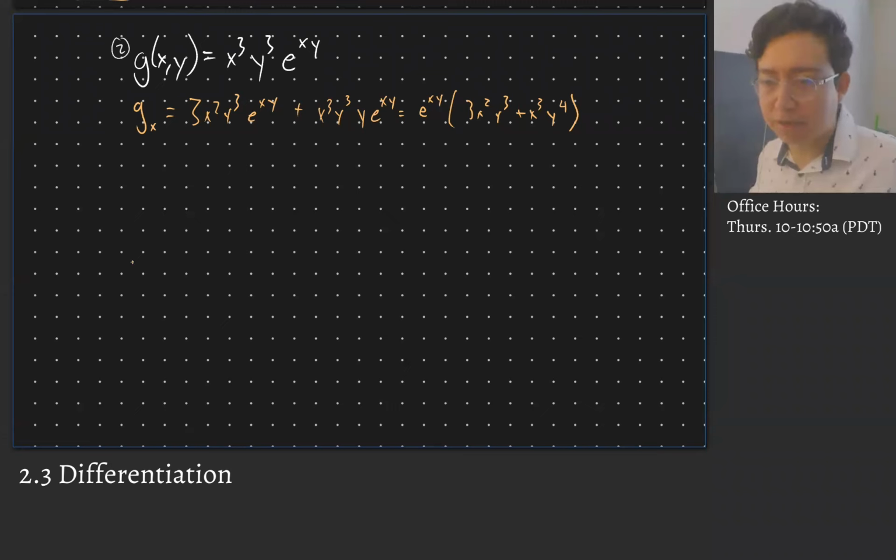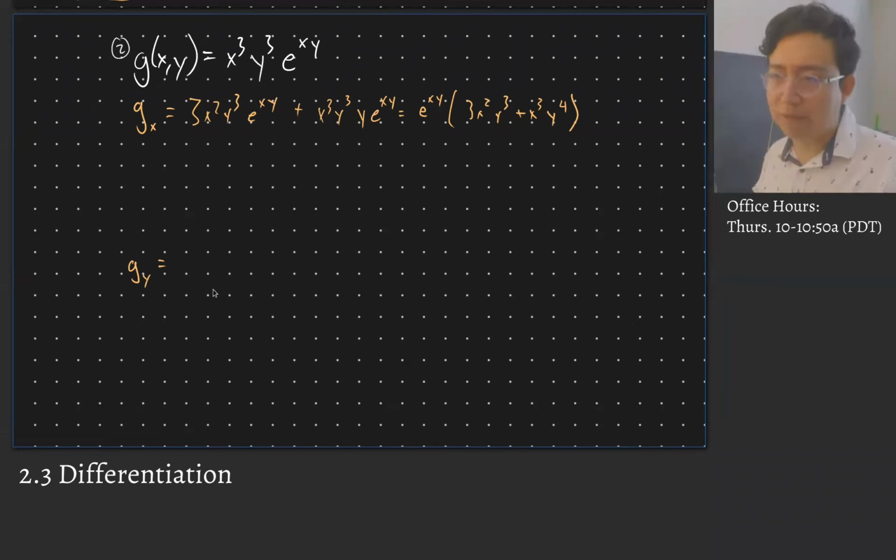Okay, so next we're going to go to the partial with respect to y, which if you look at this function, it's what we'd call symmetric with respect to x and y, meaning that if you reverse the roles of x and y, this function would stay the same. And so the derivative becomes the same thing, but with the x's and y's replaced.